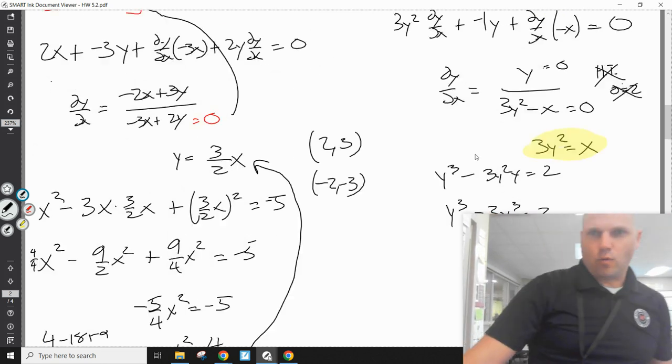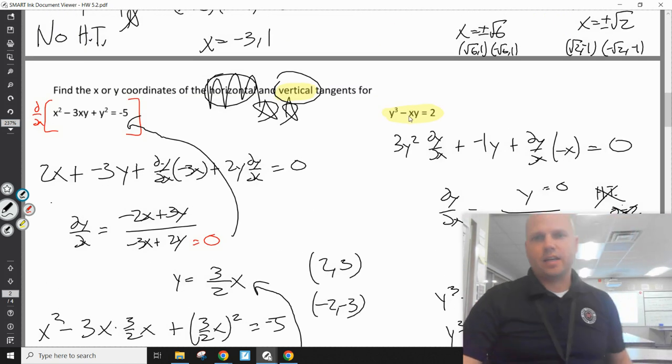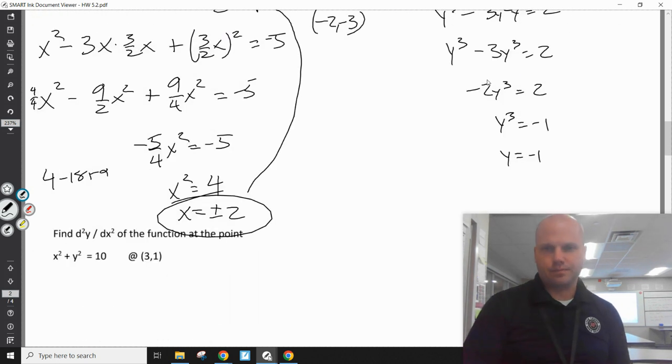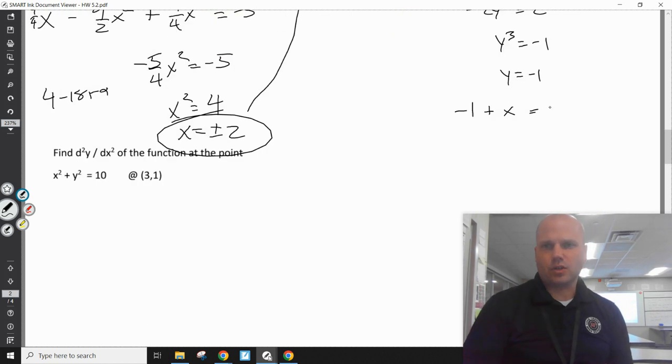If y is negative 1, what is x? I got negative 1 minus, it'd be plus x equals 2. X is 3. So 3, negative 1.